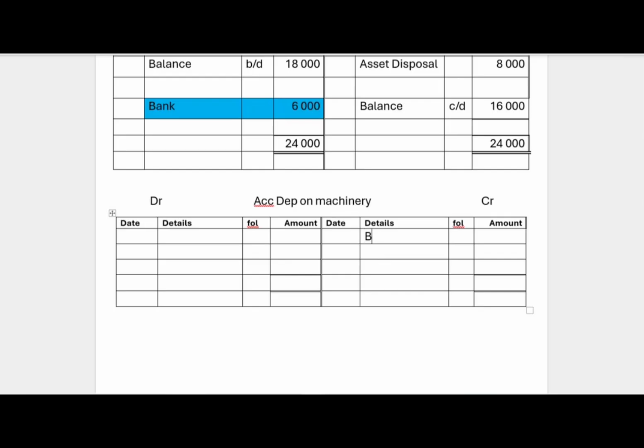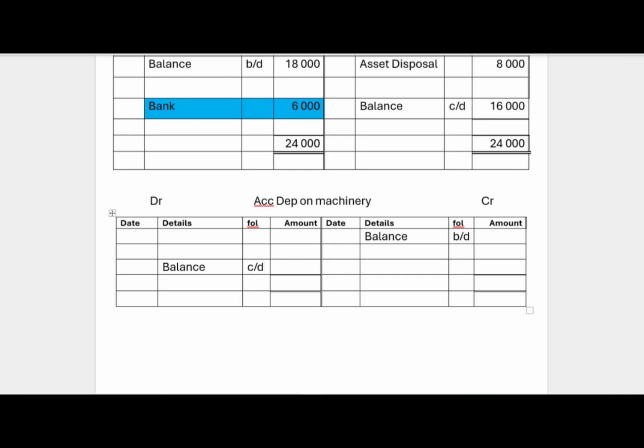So it's going to be balance brought down right there, which is the opening balance, and we also have to determine the balance carried down, which is the closing balance right there.